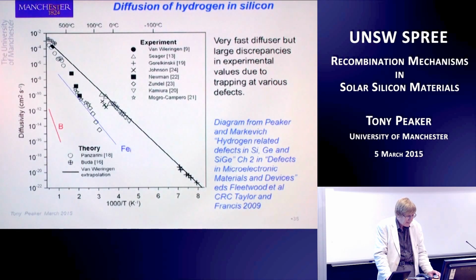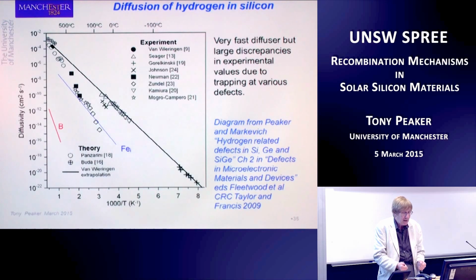So this is the compilation of all the diffusion data on hydrogen, and this line is an extrapolation of the original data that was done by very high temperature diffusion. This is looking at atomic motion, and they all agree very well. But you look at what most people get, and it's all over the place, essentially by scattering, by trapping at various impurities.